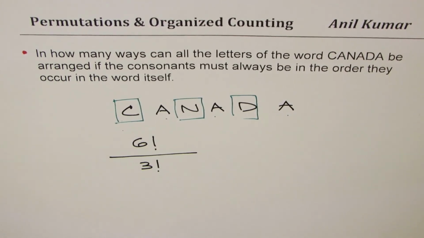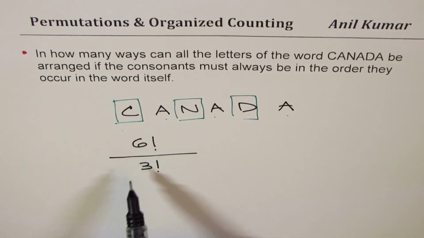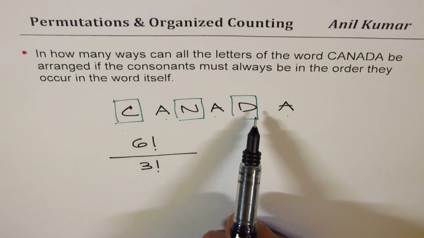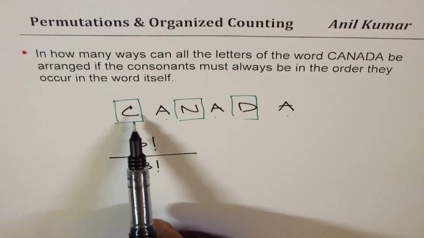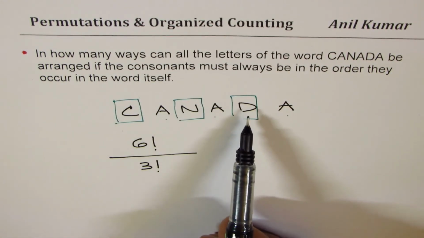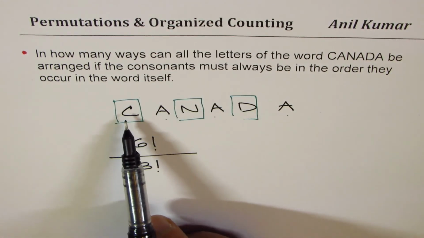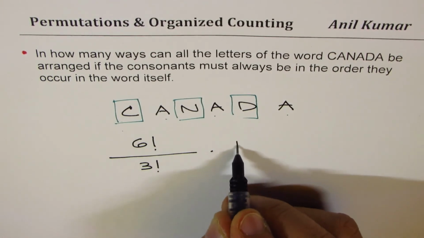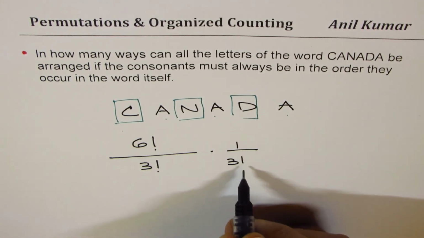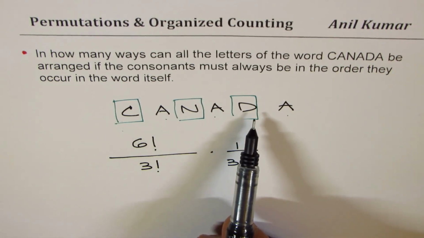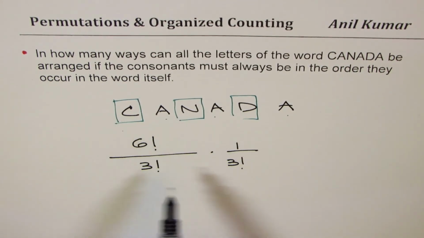Do you see that? Now you will notice that in these combinations, the order for C, N, and D could change. How many orders do we have here for C, N, and D? These are 3 letters, right? So only one order will be C, N and D. So the total number of combinations should be divided by 3 factorial to get our answer. So only those many ways will have the same order for the consonants C, N, and D. Perfect.